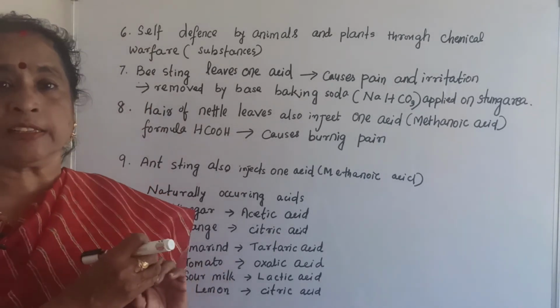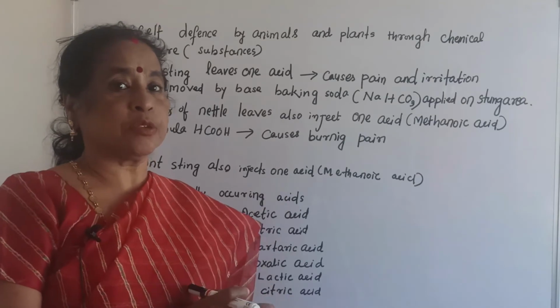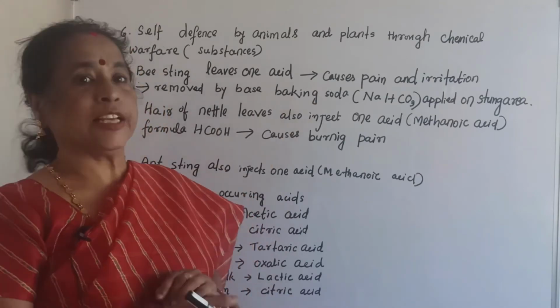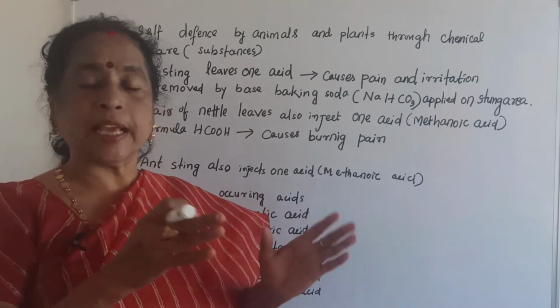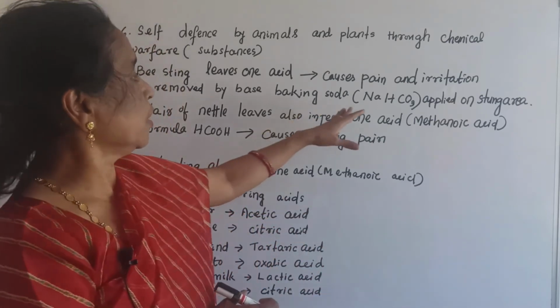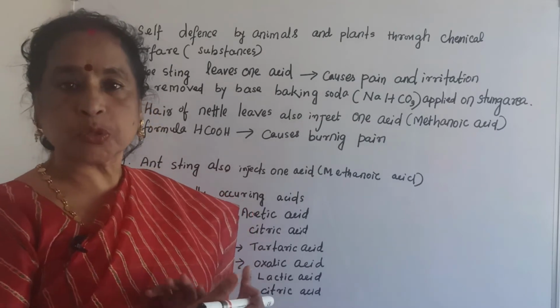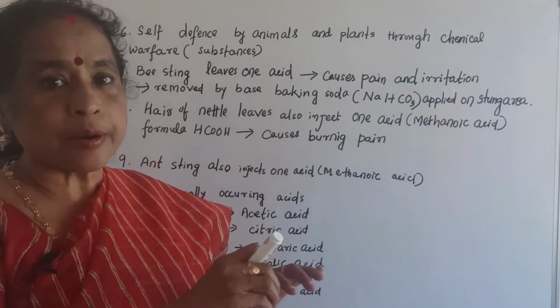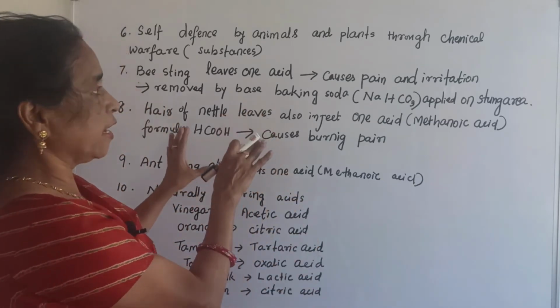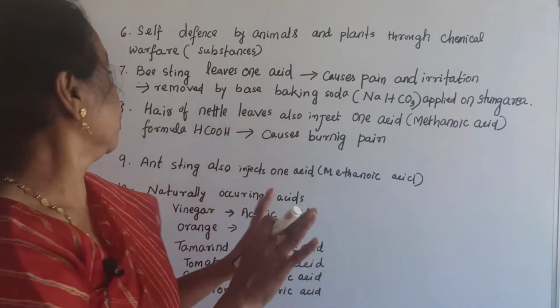When a bee stings, it leaves one type of acid in our body, and automatically it causes pain and irritation. That can be removed only with the help of a mild base, sodium hydrogen carbonate, that is baking soda. When baking soda is applied on the affected area, the pain and irritation are removed.